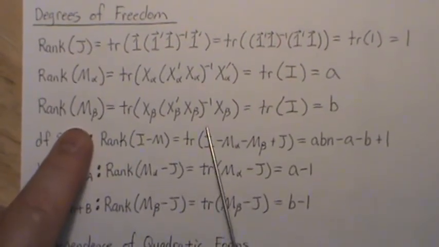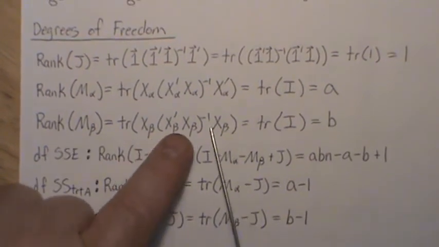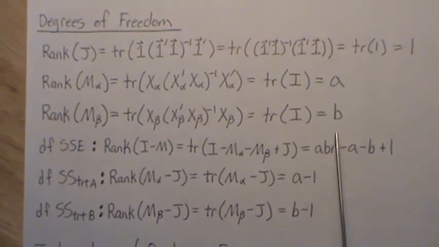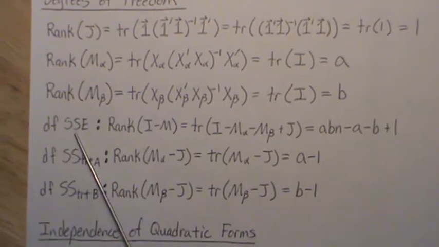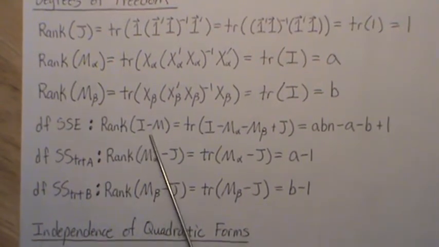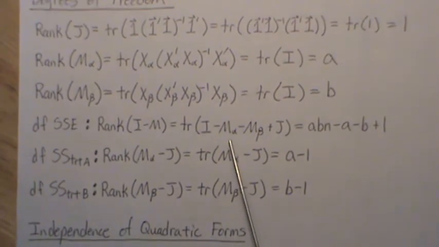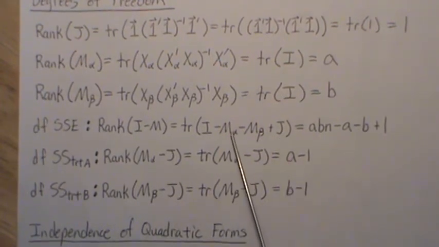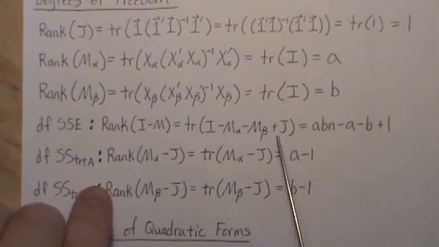Here, same thing. This is idempotent, so rank equals the trace. That's a B by B identity matrix, so the trace would be B. So now the degrees of freedom for the sum of squared error is the rank of I minus M. And M in this mini series is M alpha plus M beta minus J. And then that minus changes all the signs.